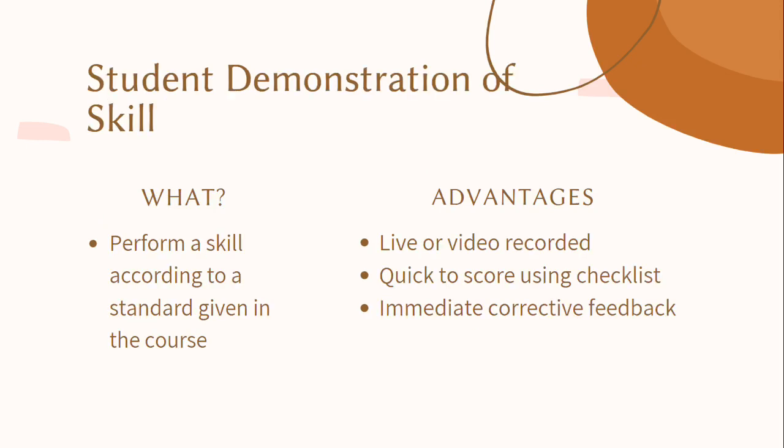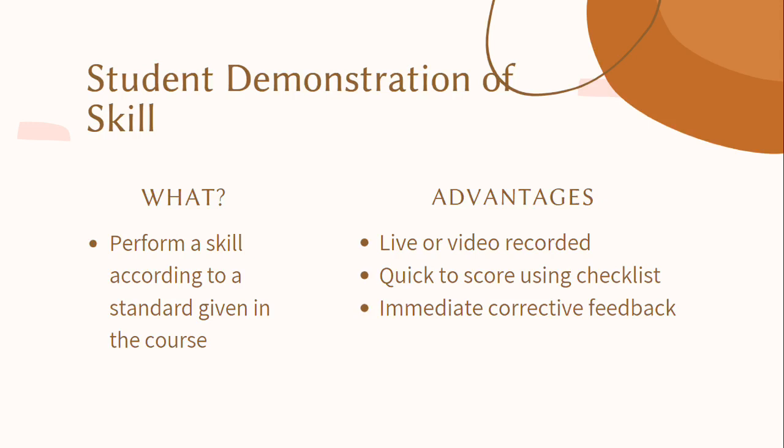Next, we have students' demonstration of skills. So what does it do? Well, it performs a skill according to a standard given in a course, meaning to say, it is a presentation through which students demonstrate what they have learned, usually as a way of determining whether and to what degree they have achieved expected learning standards or objectives for a course.